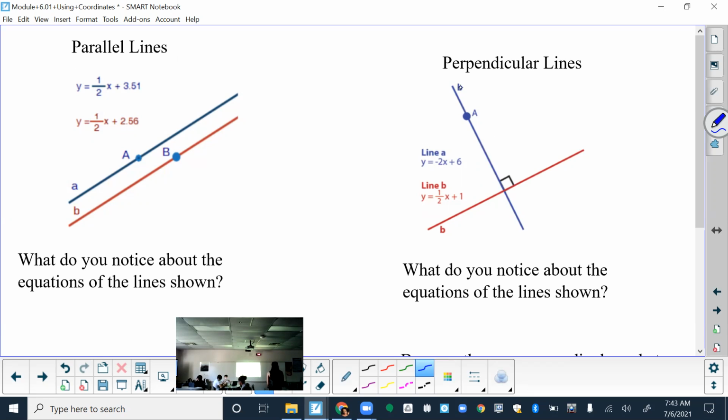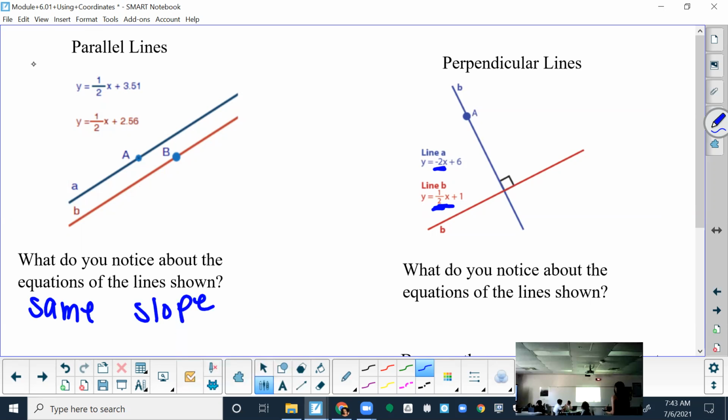Is it like that for the perpendicular lines? Do they have the same number in front of the x? No. So parallel lines are unique because they have the same slope. All right, so parallel lines will always have the same slope.